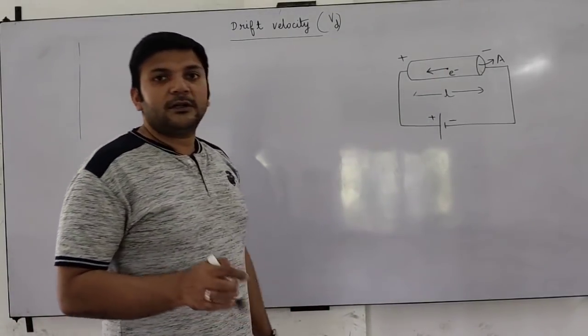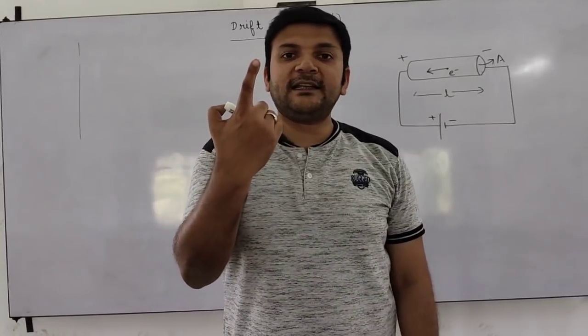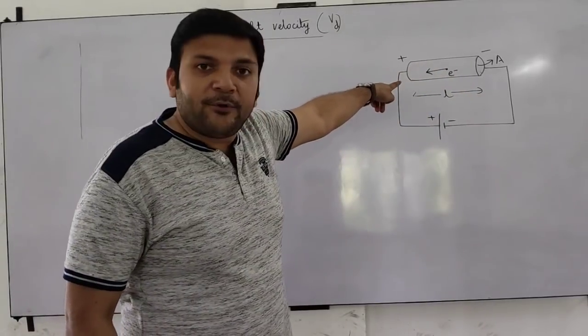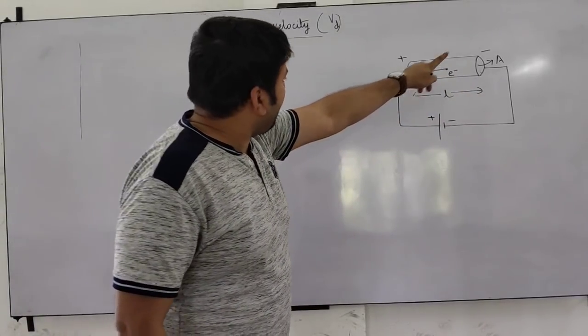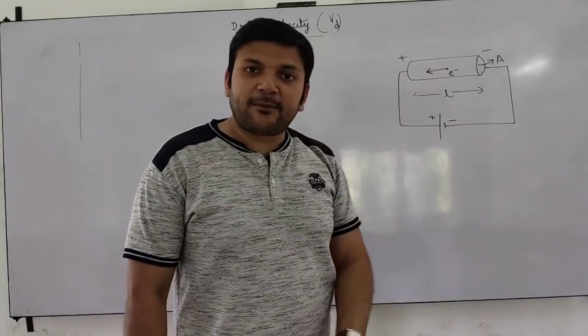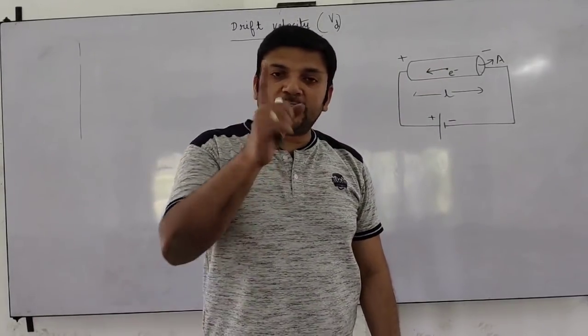Now, one thing is there. Will the electron be able to move freely? Will it be able to move smoothly in a straight line? If not, why not?